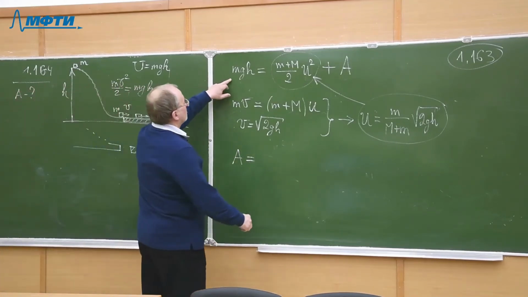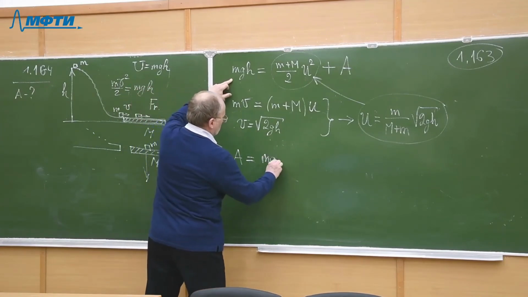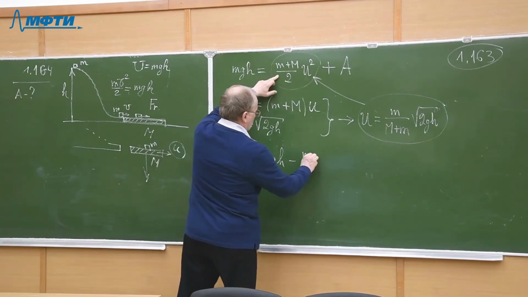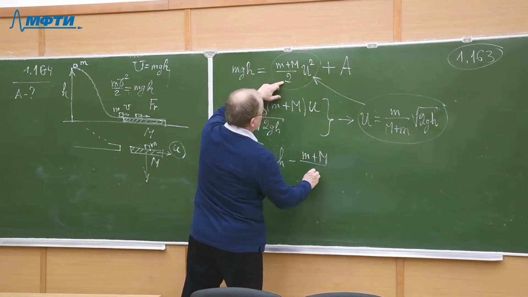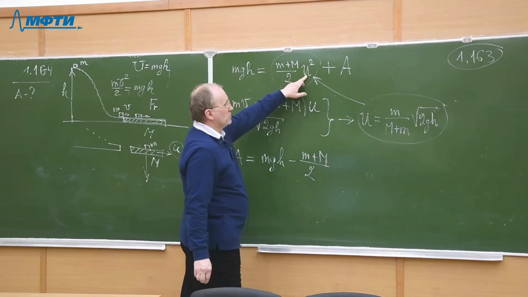A from the first equation will be mgh minus small m plus capital M over 2 times u squared.